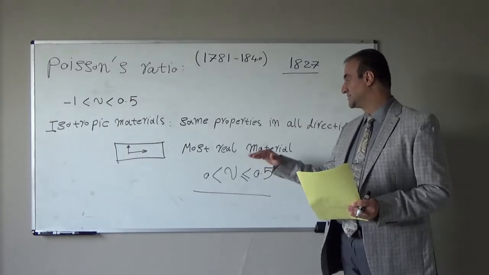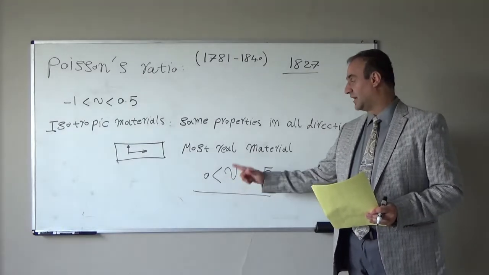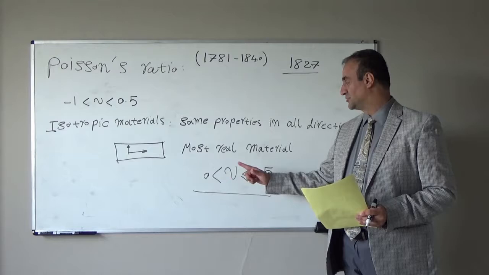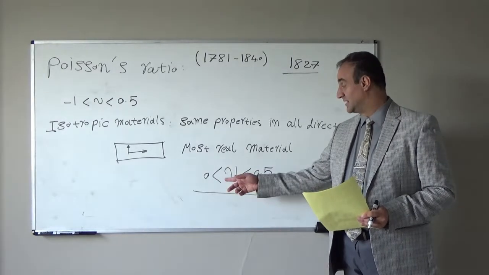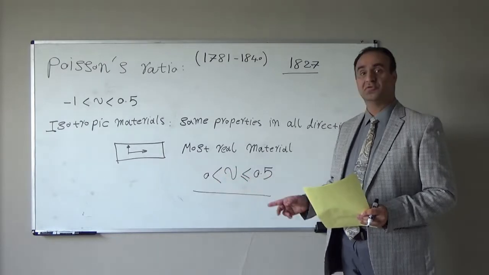For most real material, I will tell why we say most real material. What we have in nature or use in engineering is between 0 and 0.5.